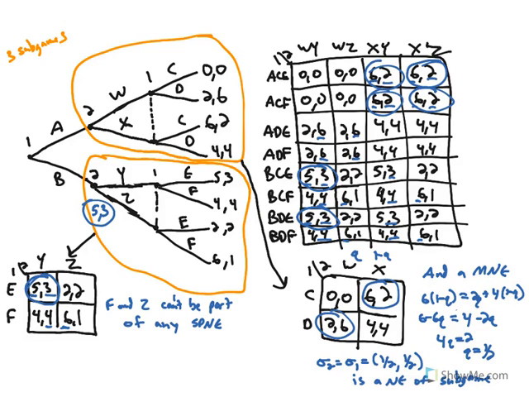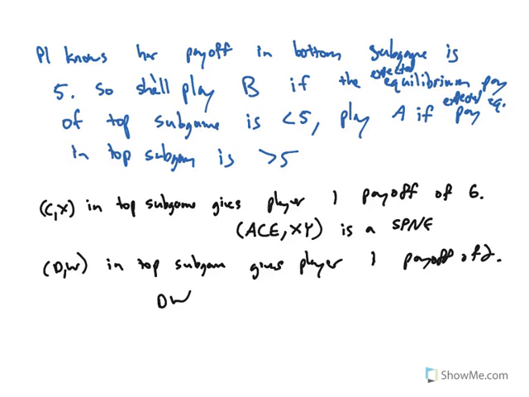It's going to be the EY equilibrium, right? But in that case, player one's going to want to play B. So those are all the letters that have to be in play in our equilibrium. Player one choosing B, D, E. Player two choosing W, Y.